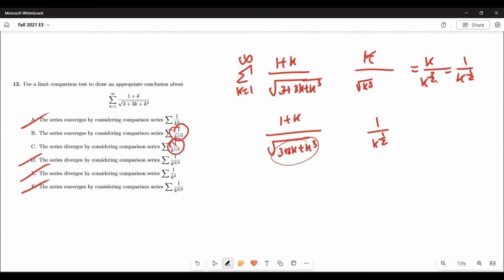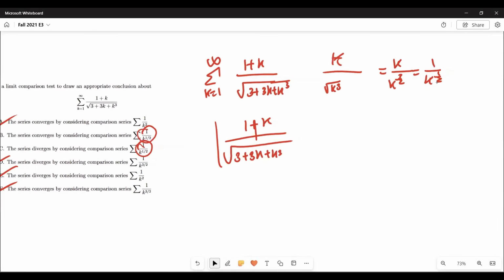Oh wait, this is not actually the direct comparison test. I'm sorry, we are comparing with the limit comparison. I forgot. So this is going to be comparing 1 plus k over the square root of 3 plus 3k plus k cubed, divided by 1 over k to the 1 half power. So this is going to be 1 over k to the 1 half, right?